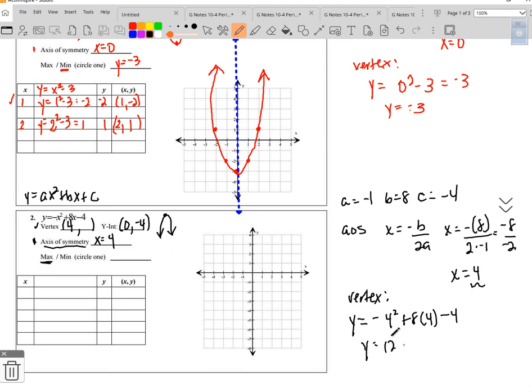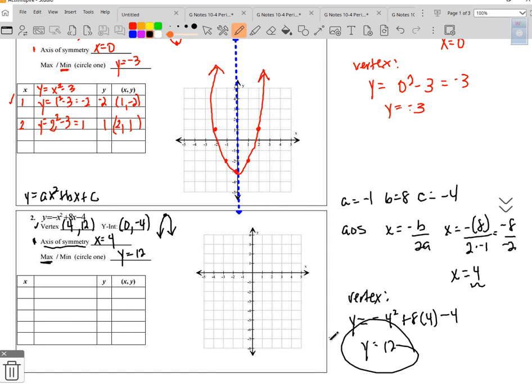This graph is not going to fit that very well, but on your test, don't worry, it will fit. But for here, we're just not going to worry about it. We're just going to kind of drag it off. It's going to be all right. So here, our y-coordinate of our vertex is 12. It's going to go in here. And that makes y equals 12 also our maximum. The maximum y-coordinate can be 12. It can be anything smaller than that.